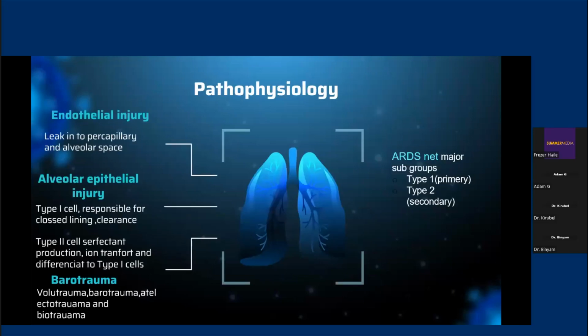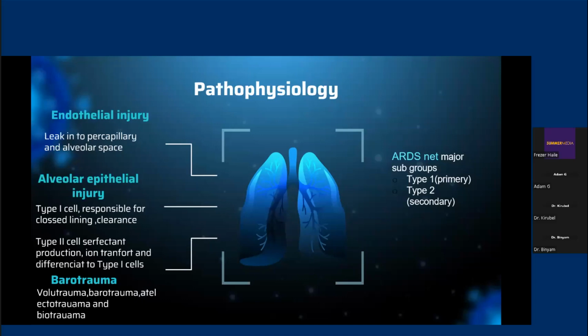Okay, so coming to the pathophysiology, there are multiple things involved in the pathophysiology of ARDS. One is the endothelial injury, the vascular side, and the other is the alveolar side. From the endothelial injury side, there will be leaky vessels, especially capillaries, and this intravascular content will pass into the interstitium, which will impair subsequent oxygenation.